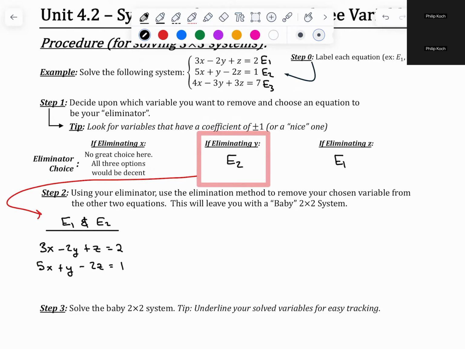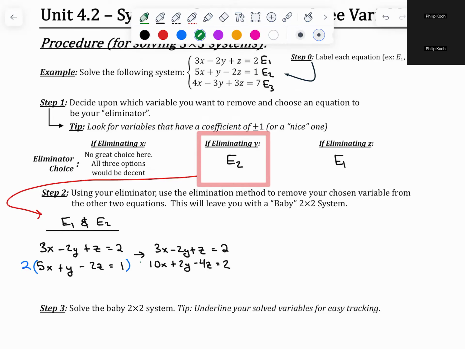The first equation already has negative 2y, so all I need to do is multiply the bottom equation by positive 2. That gives me 3x minus 2y plus z equals 2. I didn't do anything to the first equation. The second equation is now 10x plus 2y minus 4z is equal to 2.